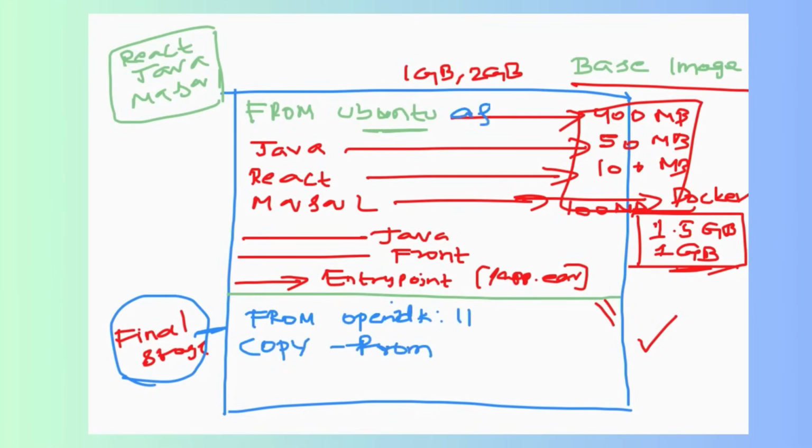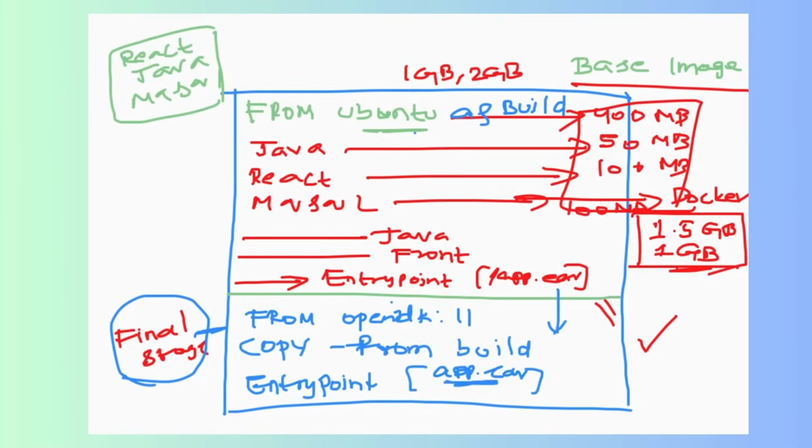From here we can say FROM Ubuntu AS build, so you create an alias for it. Here you'll say from build, you will copy this specific EAR file, and finally as part of the entry point or CMD, you will just execute this specific app.ear.